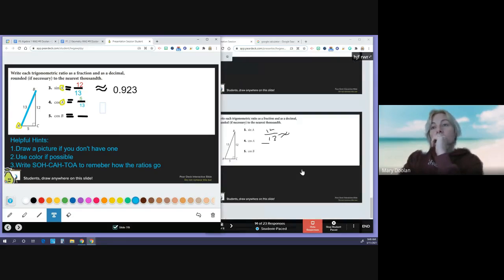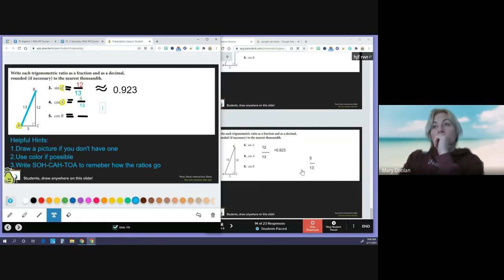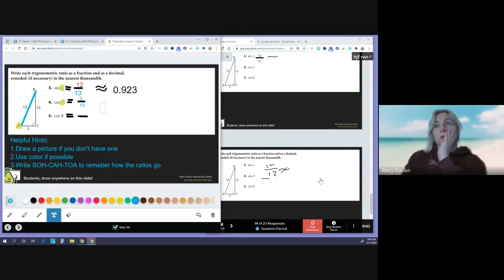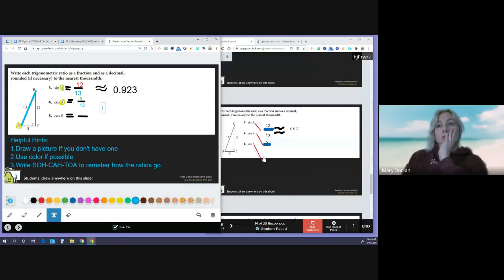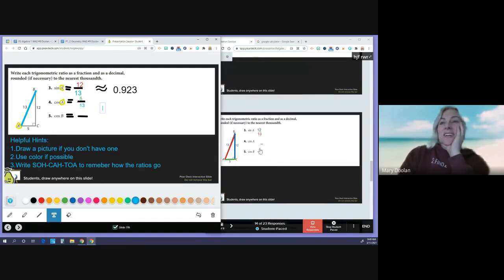If it's too crowded to do it all right here, you can do what this person's doing. They're spreading out their work. That's fine, it's your work. You can draw little arrows pointing to where your work's going.